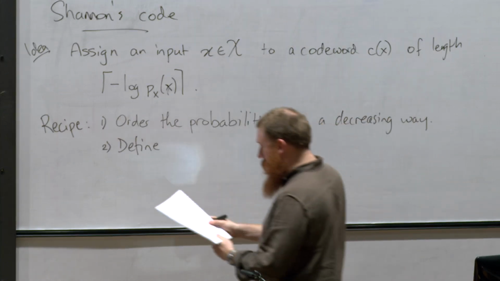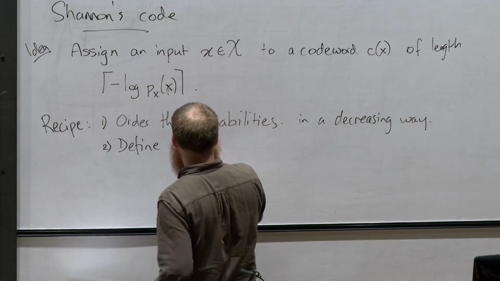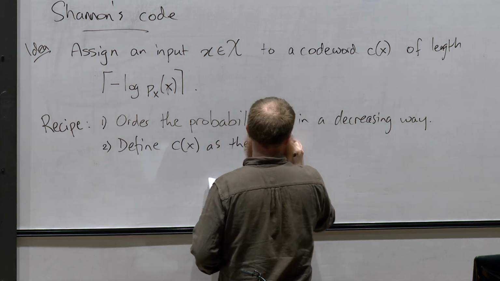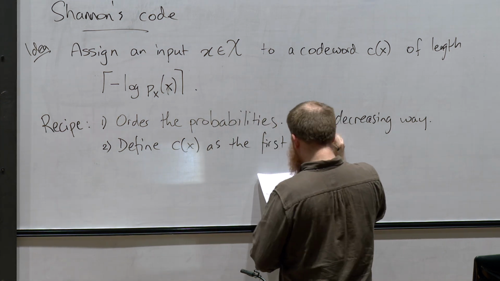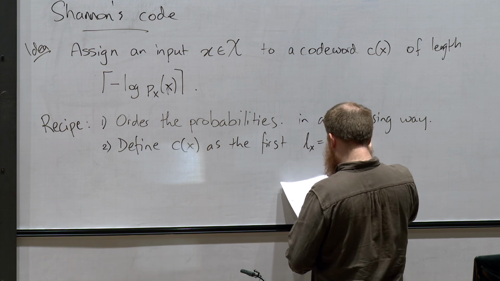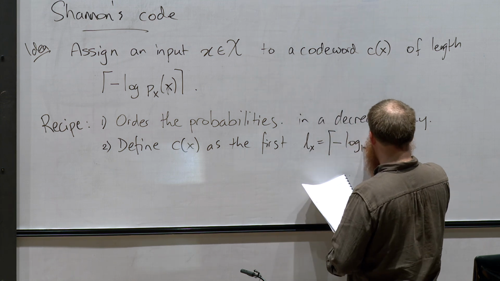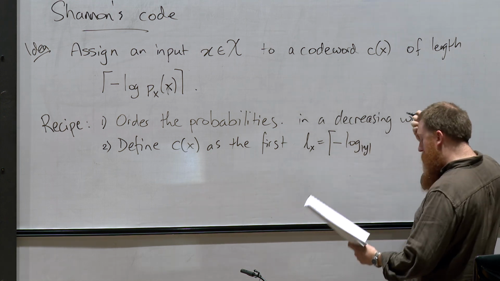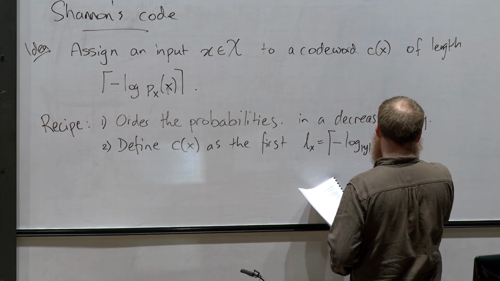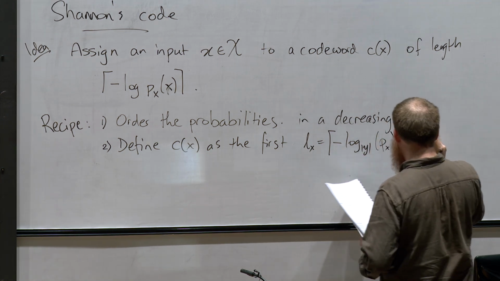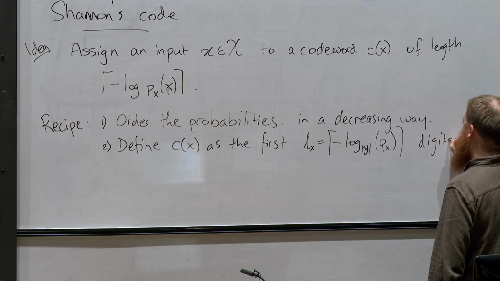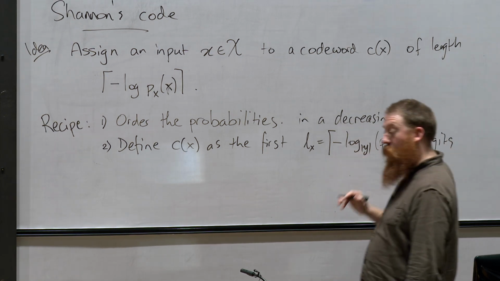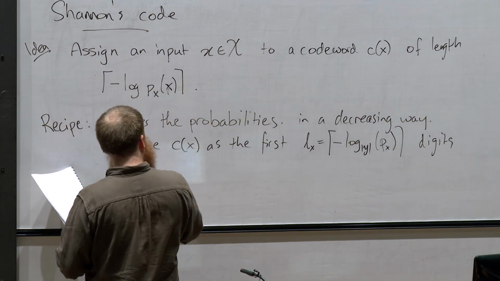Then we define c(x) as the first l(x), which is minus log to the base of the output alphabet size of the probability of x, digits. This is how many digits we need to uniquely identify and make sure our code is prefix.